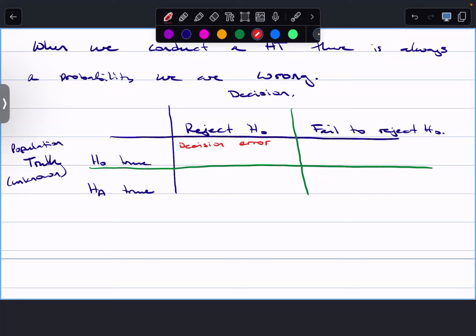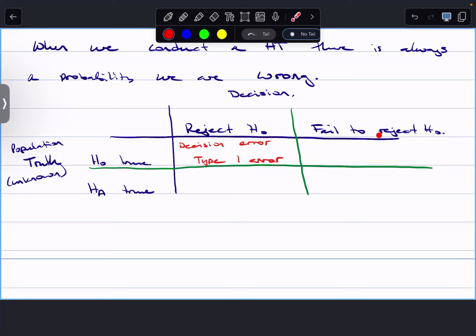And so we call this a type 1 error. You've rejected H naught when you shouldn't have. And so the probability of making a type 1 error is the alpha level. I'm okay with making a type 1 error 5% of the time.